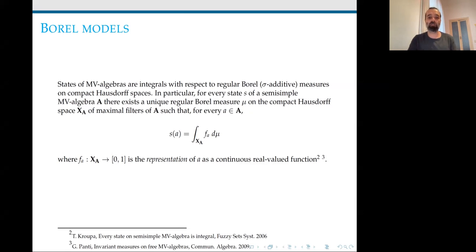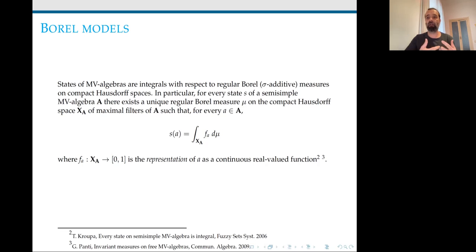And in fact, it turns out by what Daniele recalled a couple of days ago, the Kroupa-Panti theorem, that every state is nothing else than the integral of the function that represents your event, with respect to a unique regular Borel measure on the compact Hausdorff space of maximal filters of the MV algebra you start with.